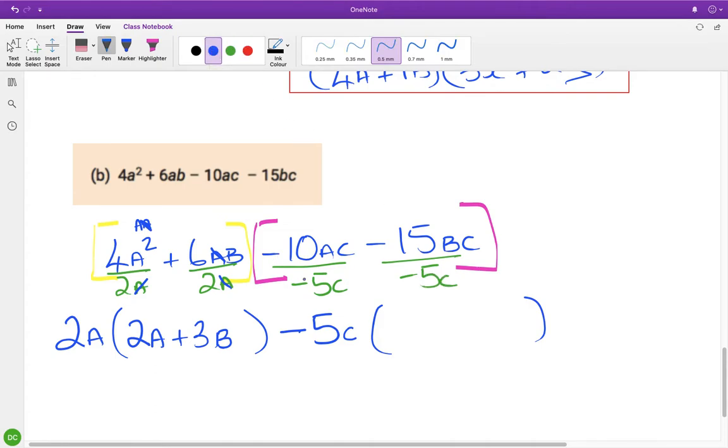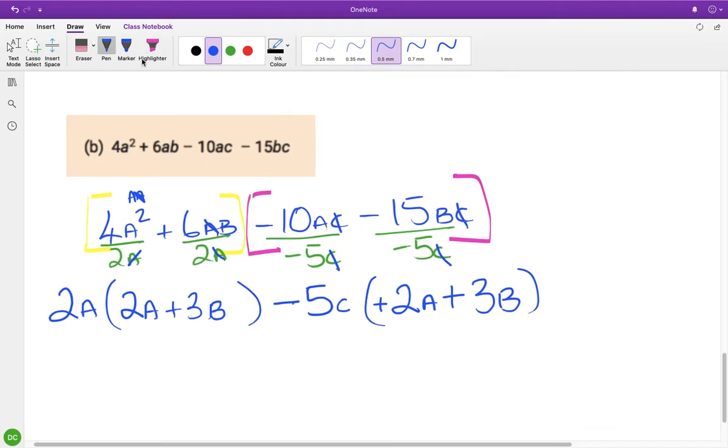So minus 10 divided by minus 5. The signs are the same, which means the answer is positive. 10 divided by 5 is 2. The c's will cancel and I'm left with the a. Here, it's a minus and a minus being divided again, so the signs are the same. So again, that's positive. 15 divided by 5 is 3. The c cancels the c and I'm left with b.